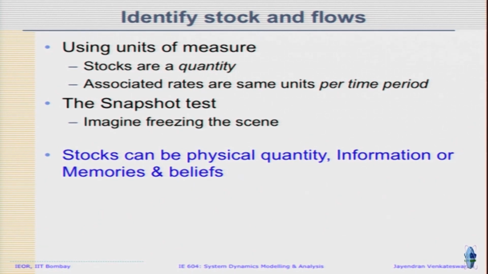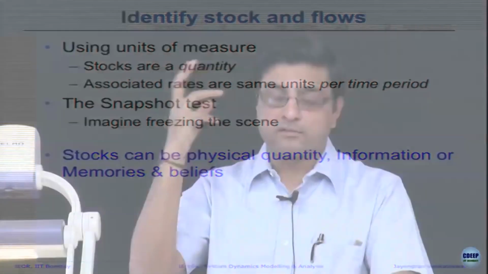What is, say, employee morale? What is the expected inflation? Those are again values that form part of our memories and beliefs, which is also a stock. As I told, stocks give us memory. So all memories can be modeled as a stock.